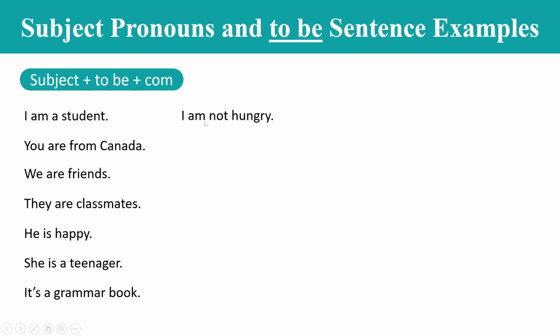Now, the negative sentences or examples. To make a negative sentence, you just need to add the adverb not after the to be verb, like these examples. I am not hungry. You are not from US. We are not colleagues.